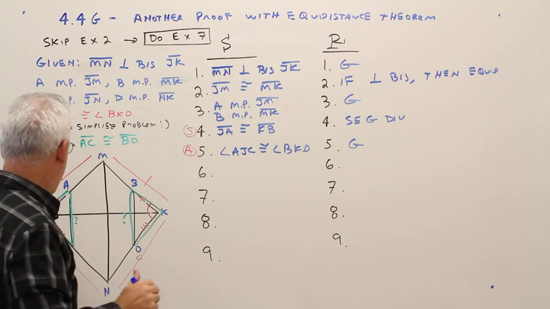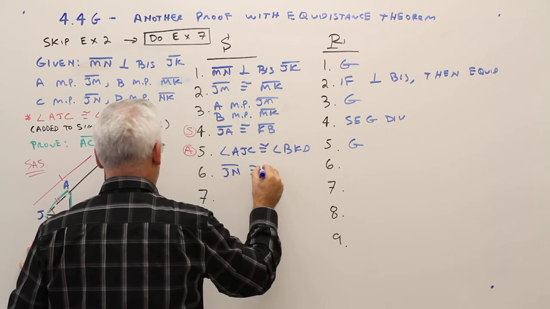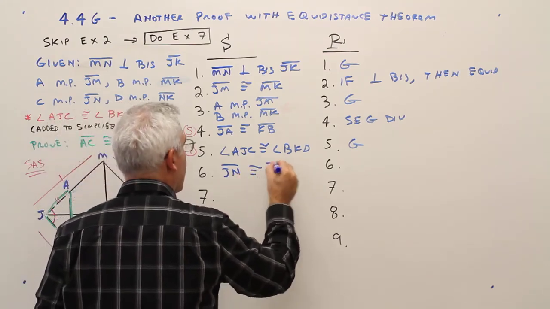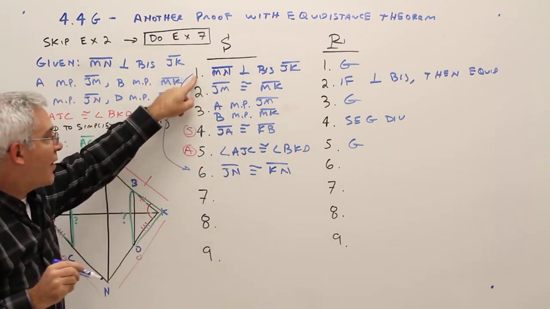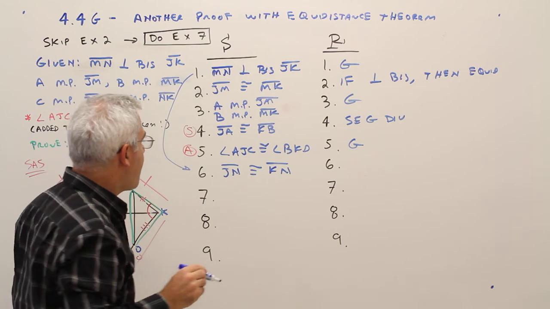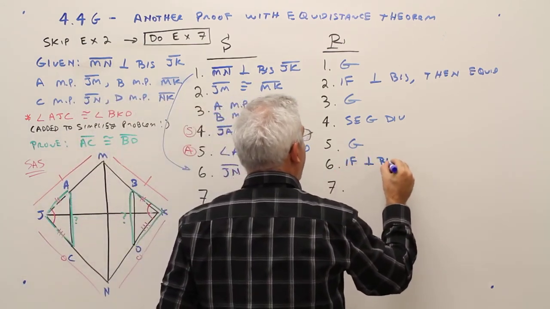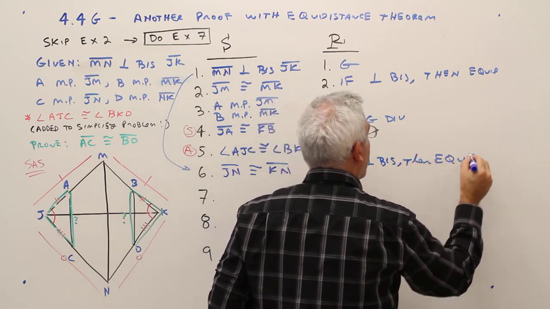So we're going to get JN to be congruent to KN. Again, just so you know, that's coming from that statement right there. All right, so that would be if perpendicular bisector, then we're equidistant.